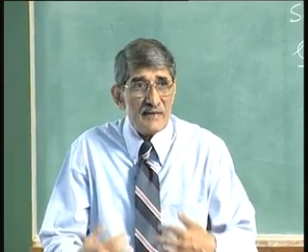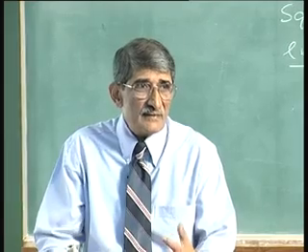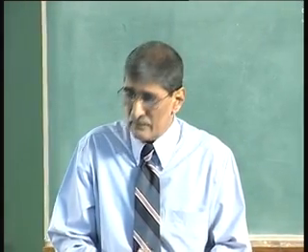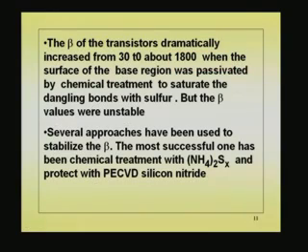In between, people were trying all the deposited oxides, nitrides, nothing worked. Somewhere in 1987 or 88, they went ahead and did that treatment. Dramatic increase. In fact, a paper was published somewhere around then, saying a dramatic increase in the beta from 30 to 1800. If you have gone to 1800, you know what you have done. You have removed the surface recombination velocity or brought it down to 0.